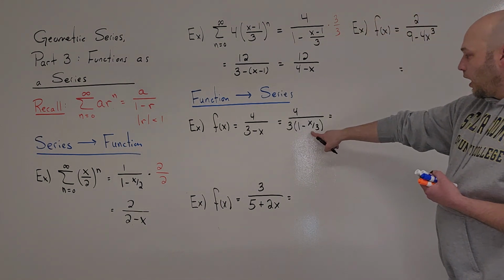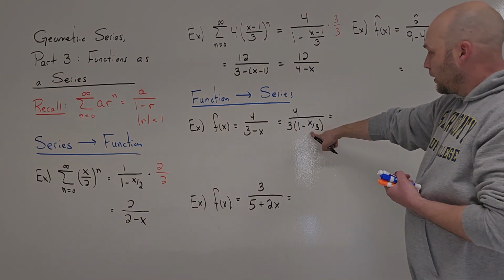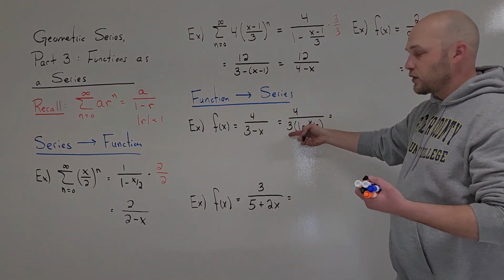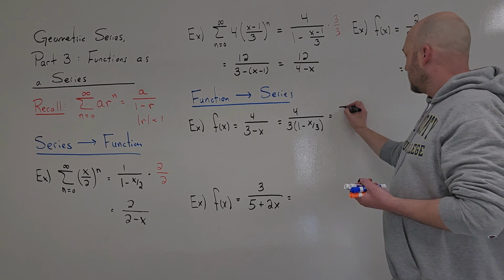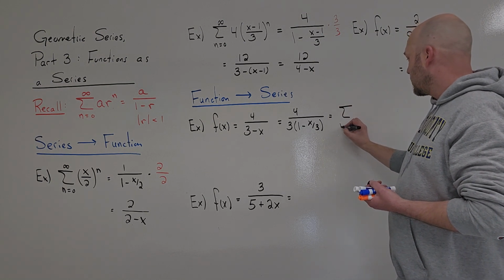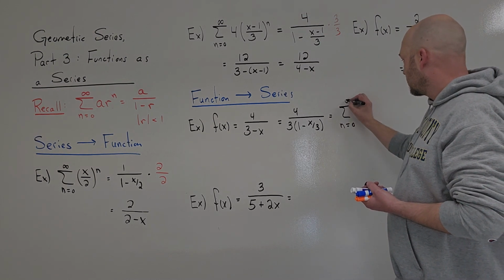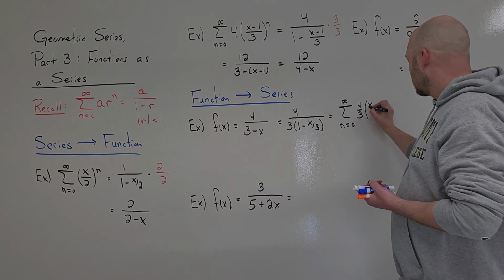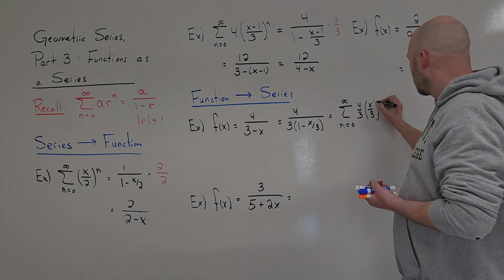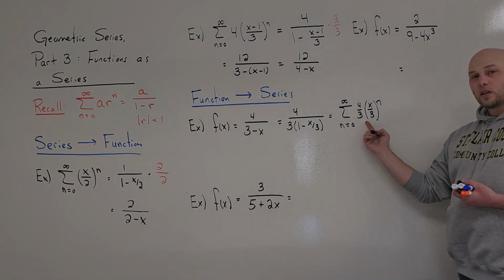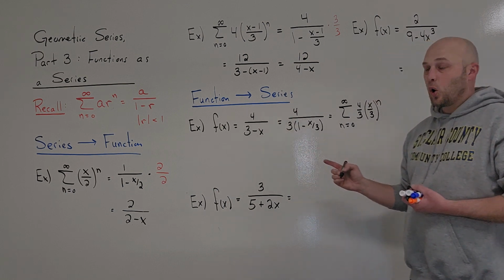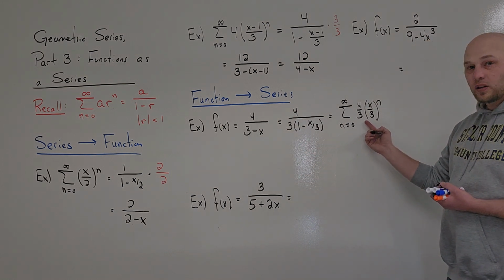Now my r is x over 3, and a is 4, or you could think of that as 4/3, giving me the following infinite series. This infinite series is equivalent to this function, again only on the domain restriction for this infinite series.